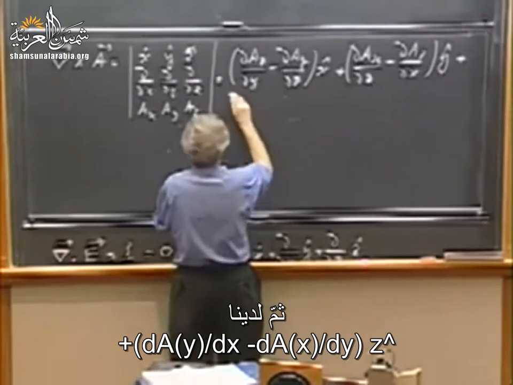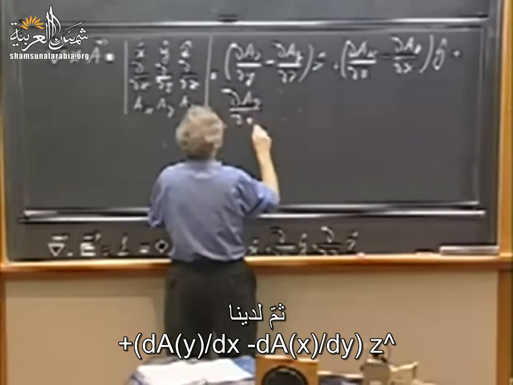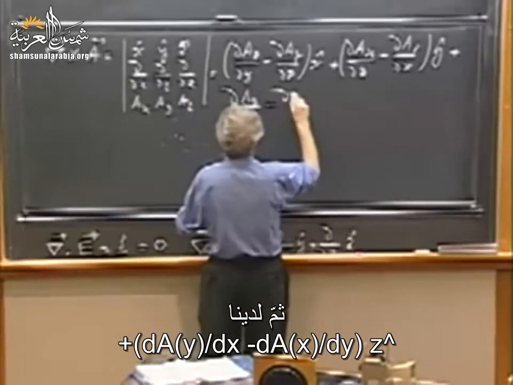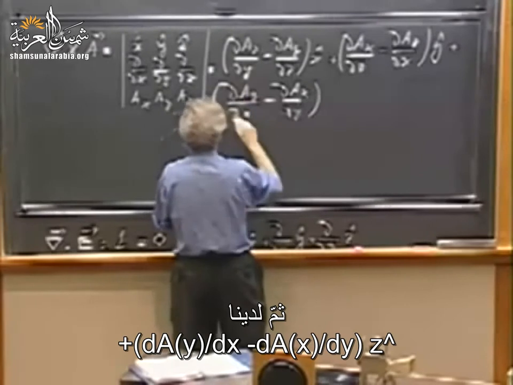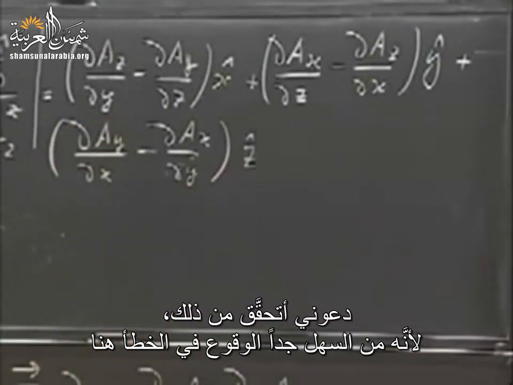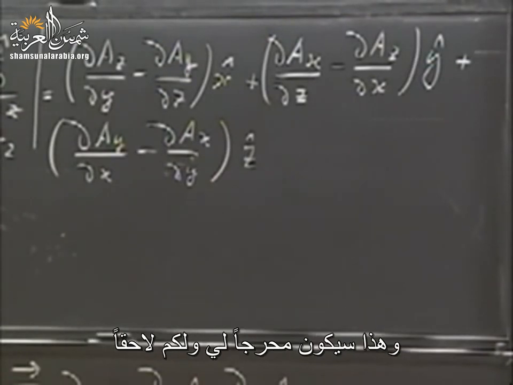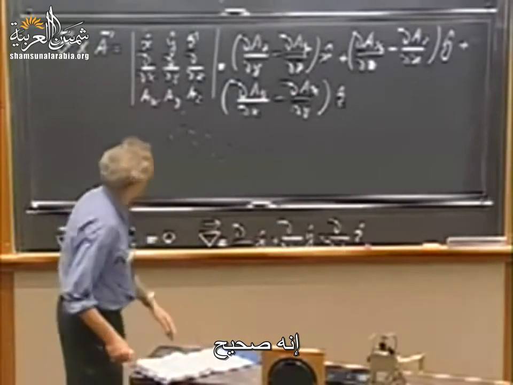And then you would get day dx minus dax dy, and that is in the z direction. And let me check that, because it's so easy to make a little slip, and that is very awkward for me and for you also later. That is fine. And then we get day dx minus dax dy, that is fine.